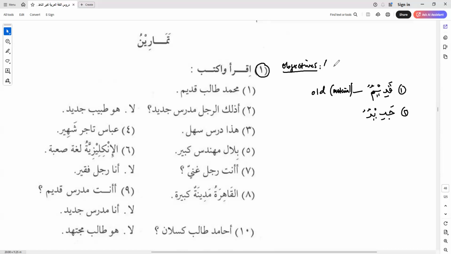So basically, you can see here we are learning antonyms. We're learning words and their opposites. So Jadid is new. And something that is new is Jadid. And then we have number three.